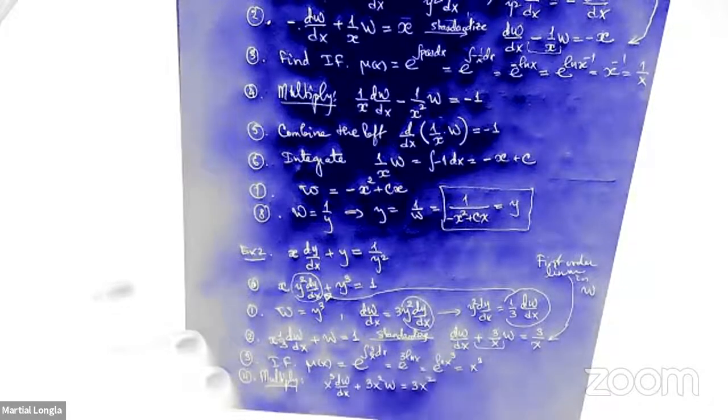So we multiply the whole equation that we got here by x cubed. So it becomes x cubed dw over dx plus 3x squared w equals 3x squared. You see how beautifully it comes out? Now here we combine, right?